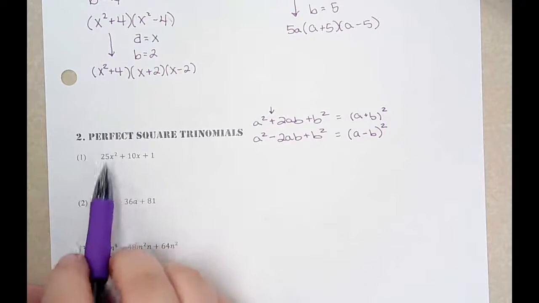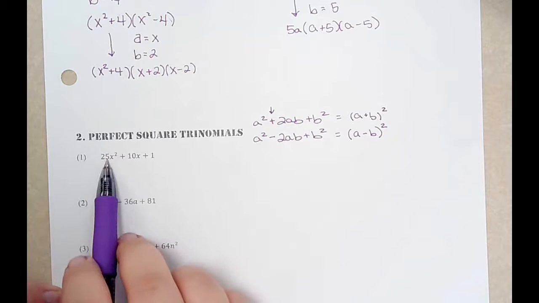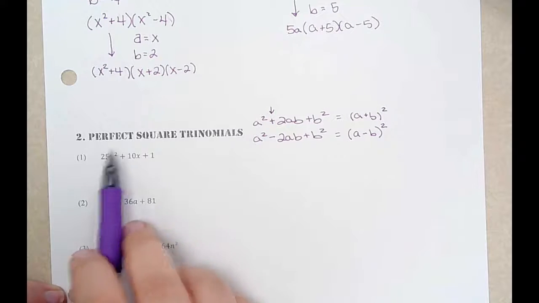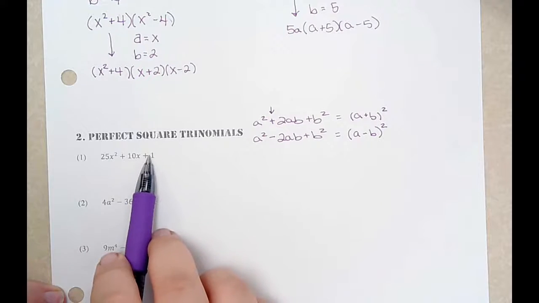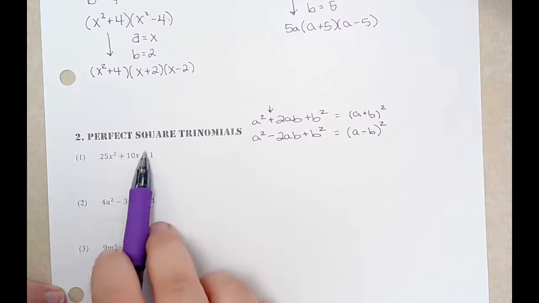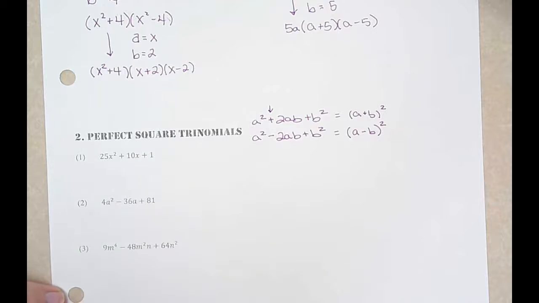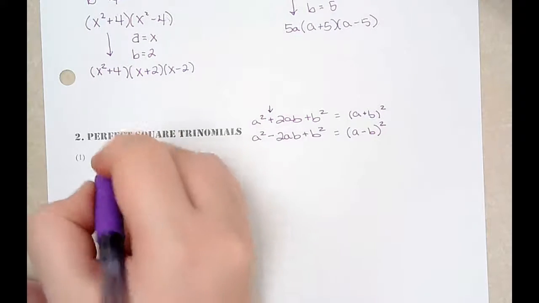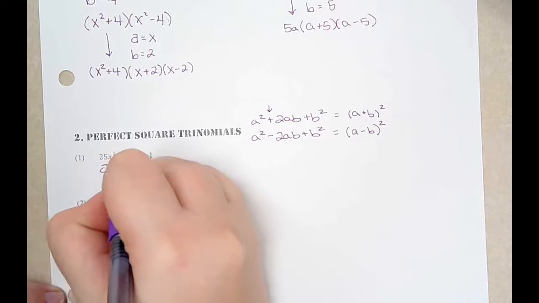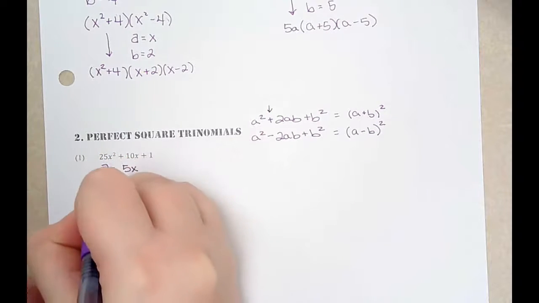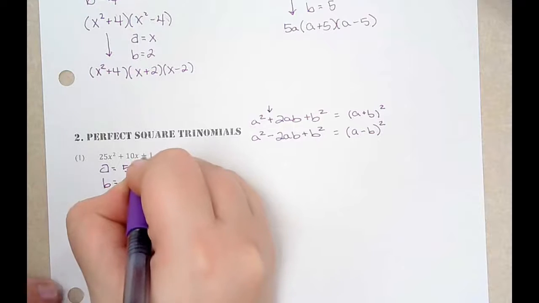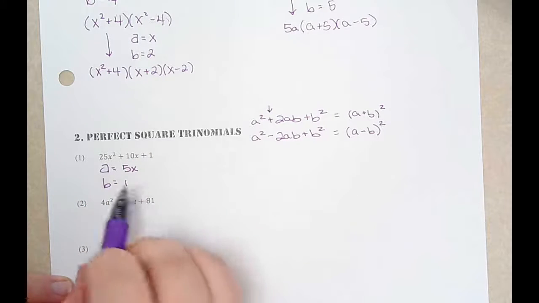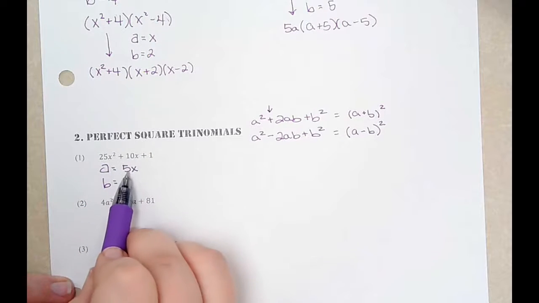So notice this one. If we look at this first term, we notice the 25 is squared, the x is squared. If we look at the constant term, that's also squared. We can always say it's squared even if it's not, because 1 is a really cool number like that. And then notice the middle term. If my a in this case is 5x, and my b, meaning my constant unsquared, is 1, my middle term is 2a times b.